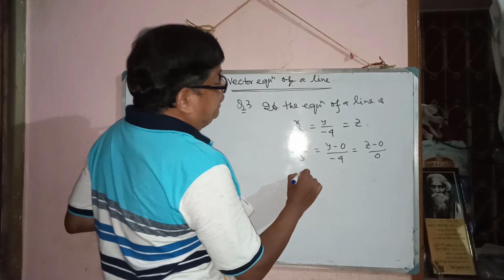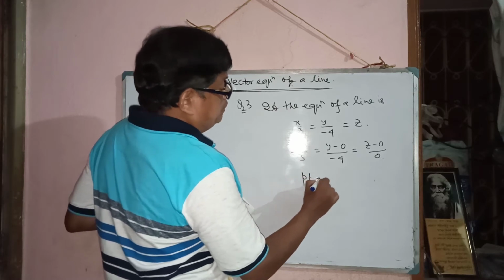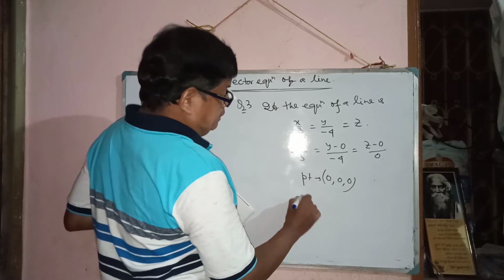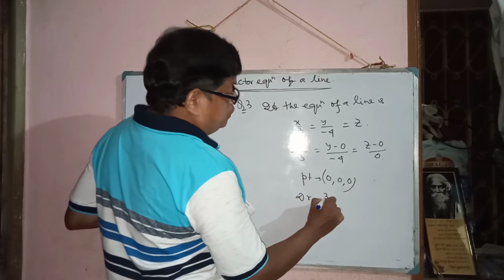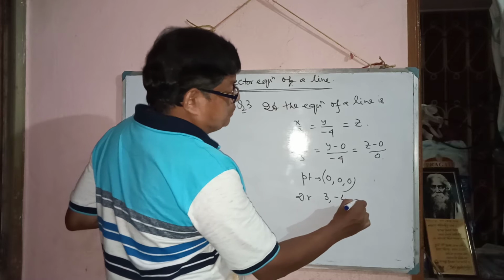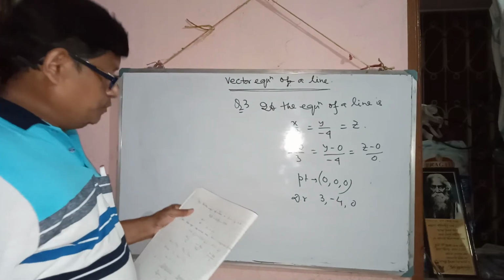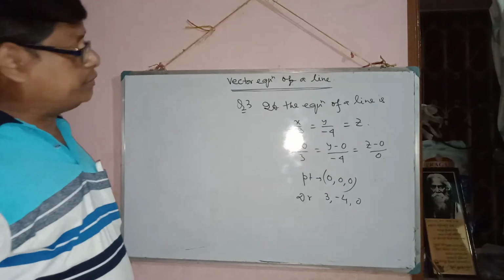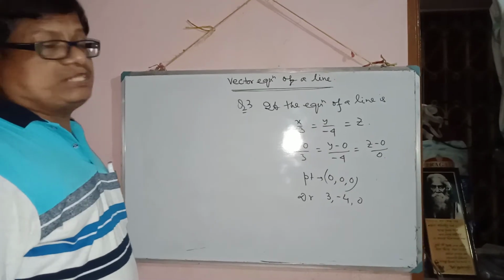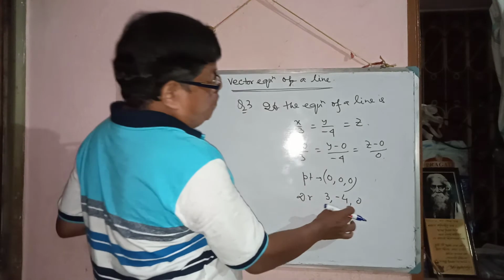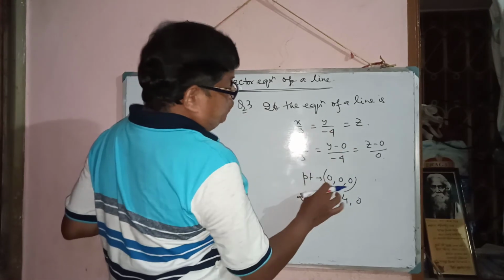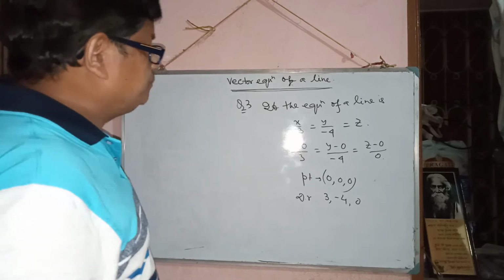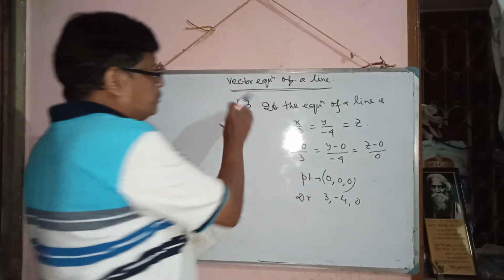So the point is 0, 0, 0 and the direction ratio is 3, minus 4, 0. Here 3 and minus 4 are the direction ratio, and nothing is there for z, so write 0. Next, question number 4.